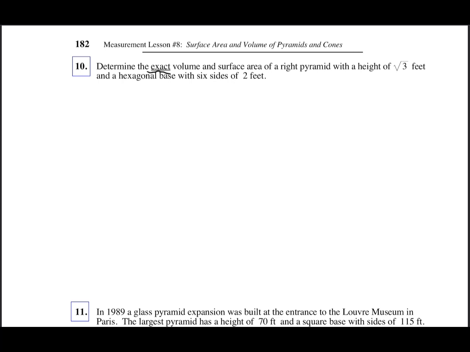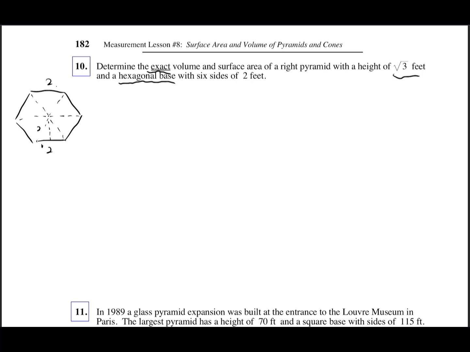We want to find the volume and the surface area of the right pyramid, and the height is square root 3, and the base is a hexagonal base with a side of square root 2.